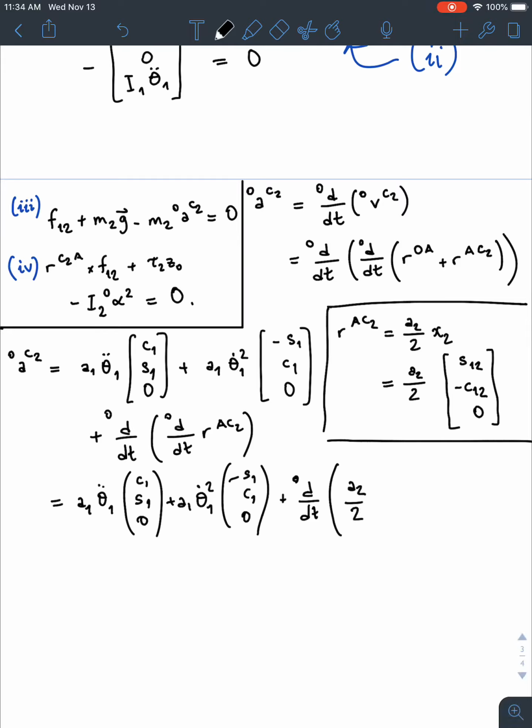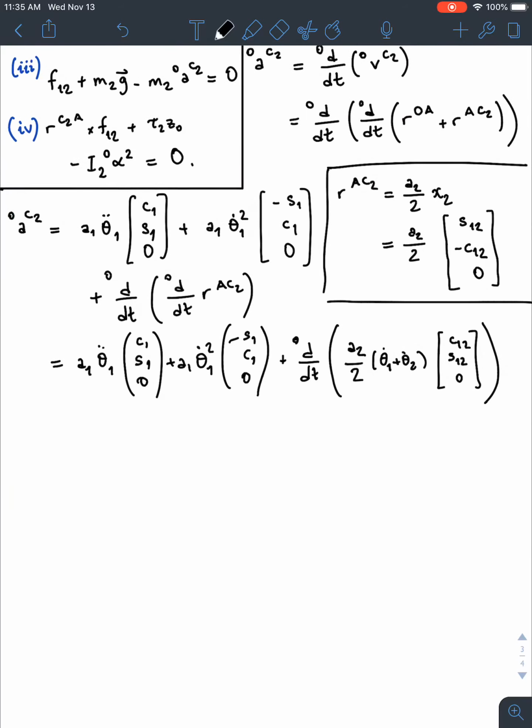Now the derivative of the vector right there, since this is expressed in the zeroth frame, I can just differentiate the components, which gives me theta 1 dot plus theta 2 dot, times cosine 1 2, and then here sine 1 2.